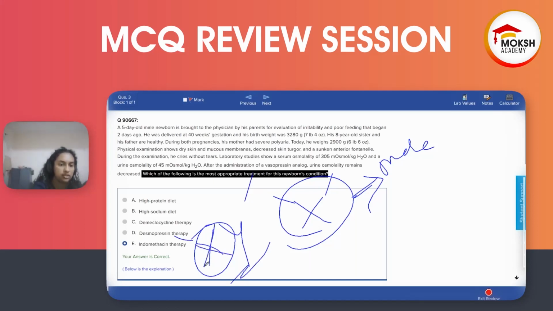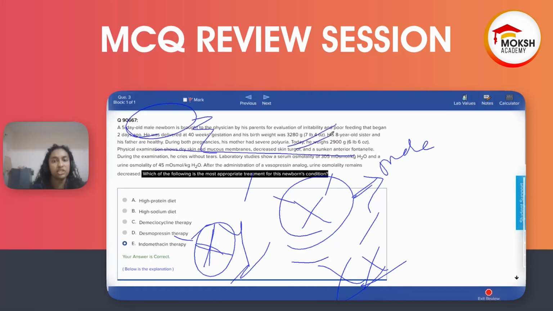XX females are normally asymptomatic, or they might have less severe diabetes insipidus. So the male baby is symptomatic, with all the signs of dehydration because he has polyuria, correct? Also, he is irritable and poor feeding because of dehydration.